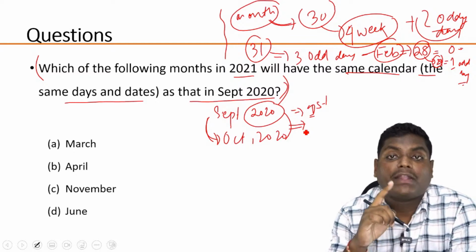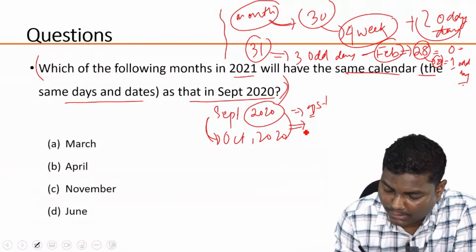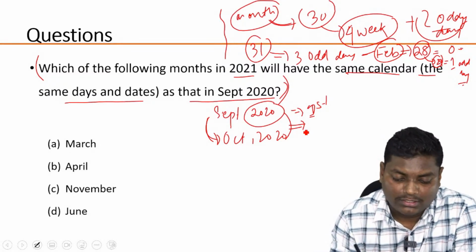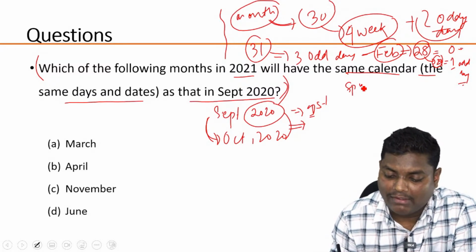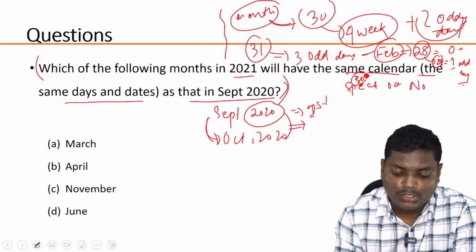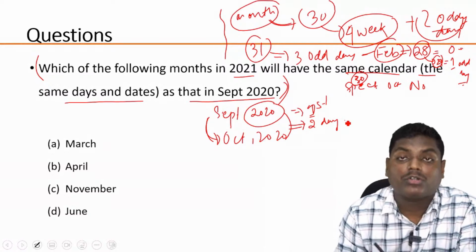And in the month of September, how many days do we have? You can check that September, October, November. September is having basically 30 days. So how many days extra will we be having? 2 days extra from September to October.